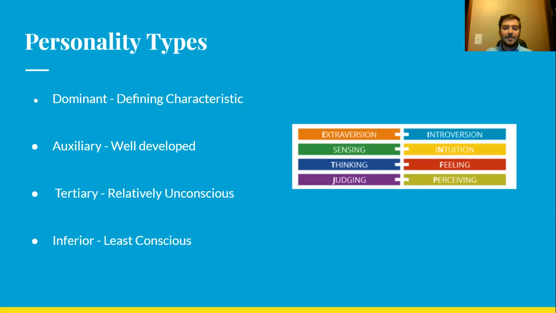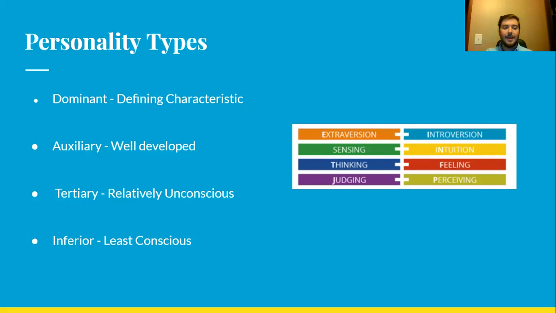Along with the letters of the personality type indicator, there's also something called the functional stack. What the functional stack does is it levels the hierarchy of your consciousness for your different personality traits. Your dominant function is your defining characteristic. Your auxiliary is a well-developed characteristic, almost a sidekick to your dominant one.